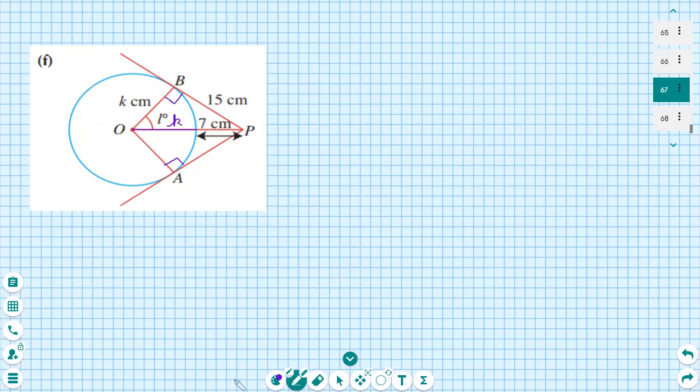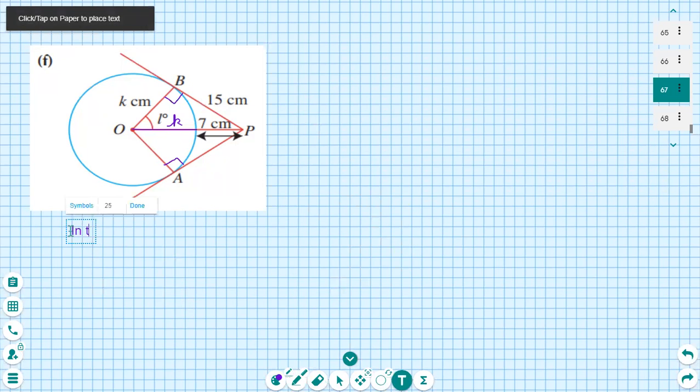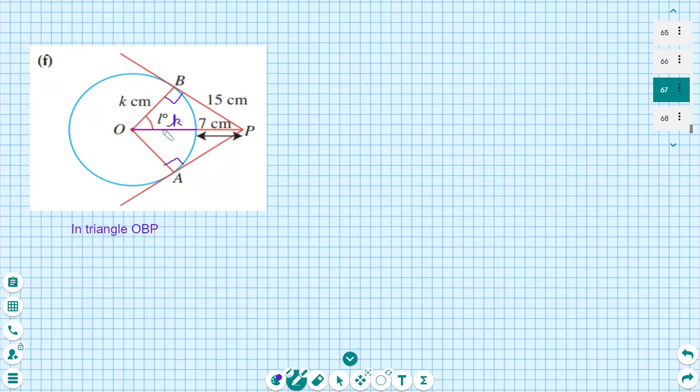I'm applying it in triangle OBP, right angle triangle. I'm applying Pythagoras theorem. The side opposite 90 is the hypotenuse, which is OP. So OP square equals the sum of squares of the two sides.